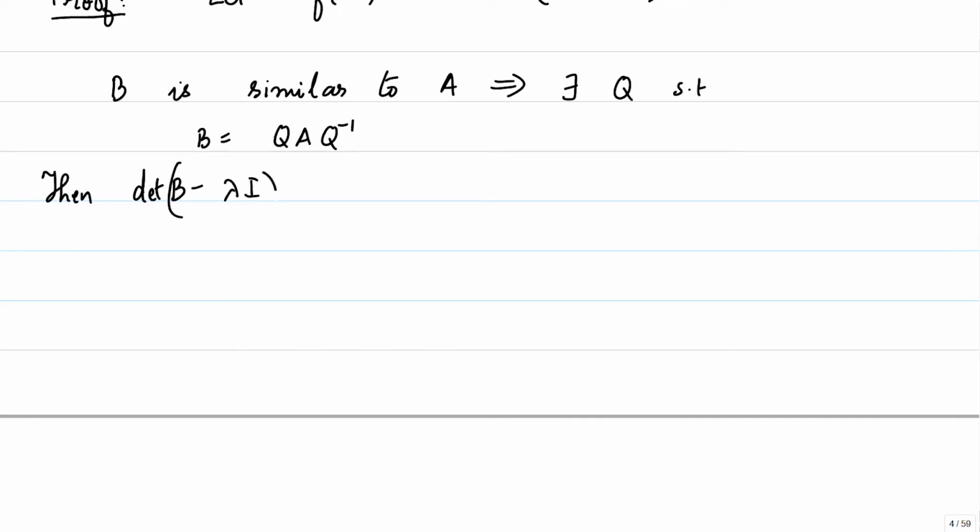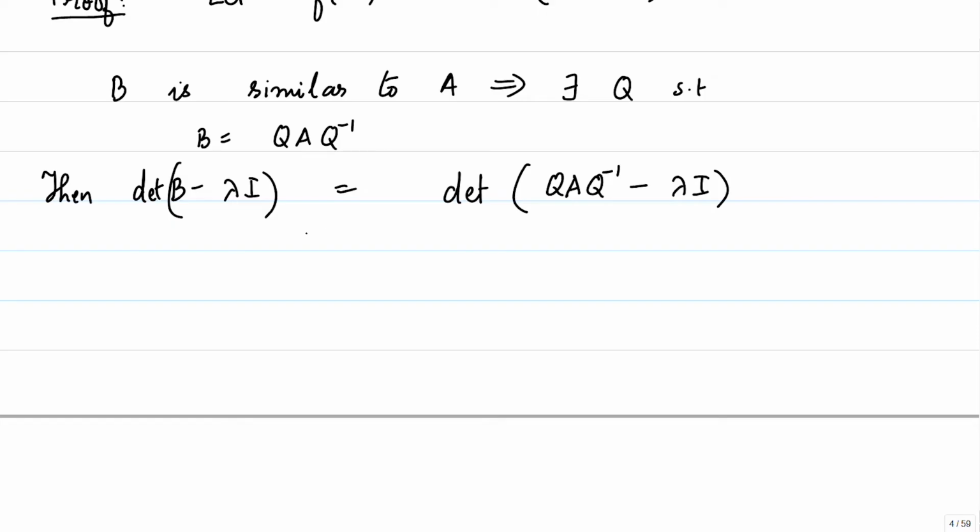The determinant of B minus lambda I, in particular, is the determinant of the matrix QA Q inverse minus lambda I. But notice that lambda I is just a scalar multiple of the identity. In particular, you should sit down and check that it commutes with every matrix.